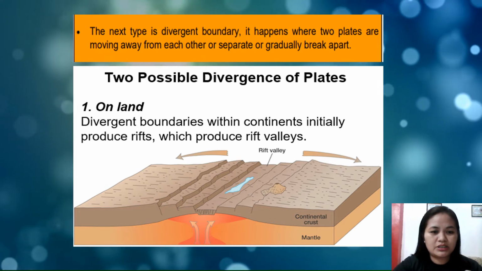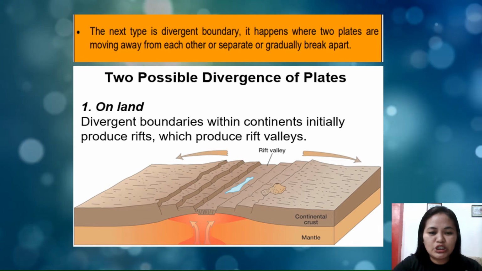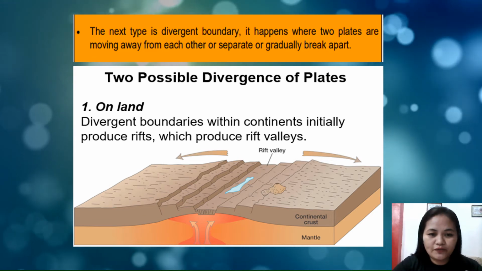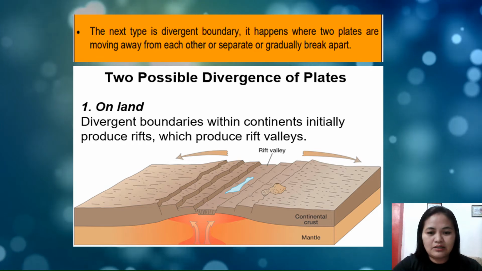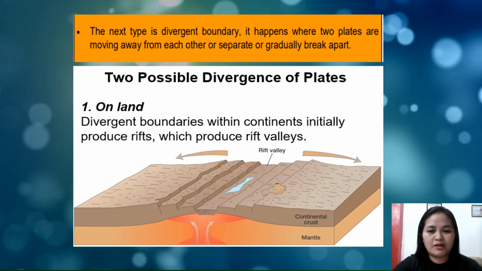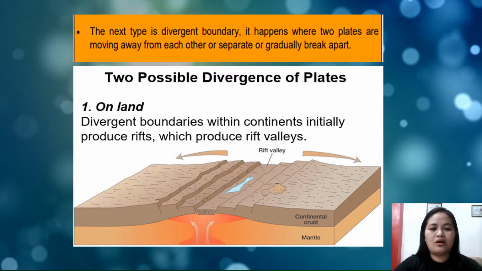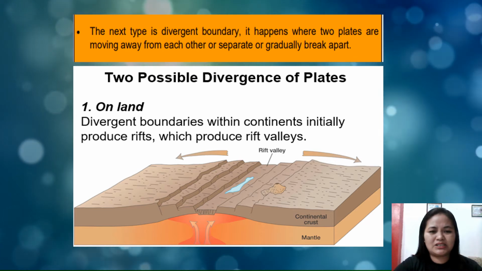What happens here? Divergent boundaries within continents initially produce rift, which produce rift valleys. Parang mga bangin na tinatawag. Bakit may mga bangin tayo? Alright, because of plate divergence.